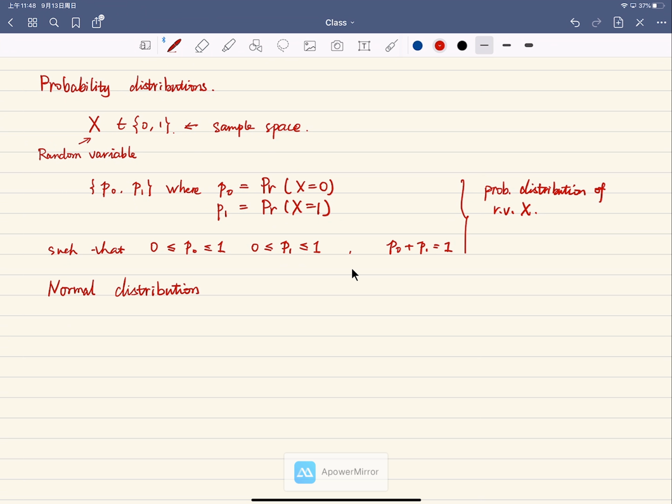So now let's think of random variable y, for example, and it is distributed as a normal distribution with mean mu and variance sigma squared.